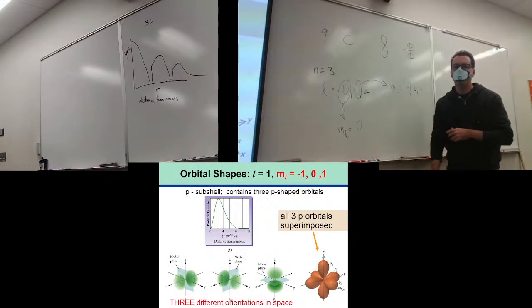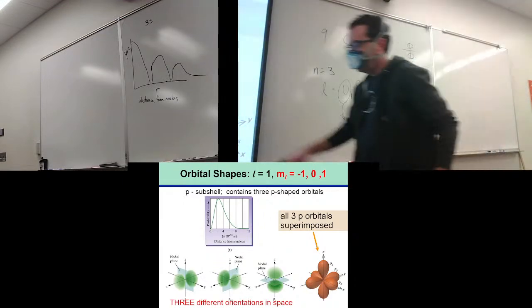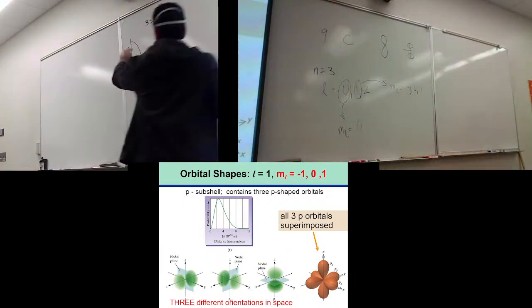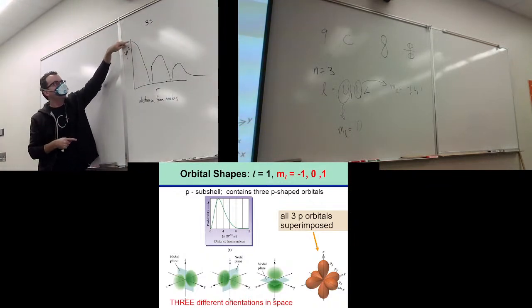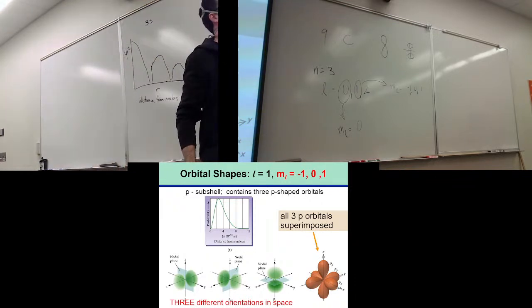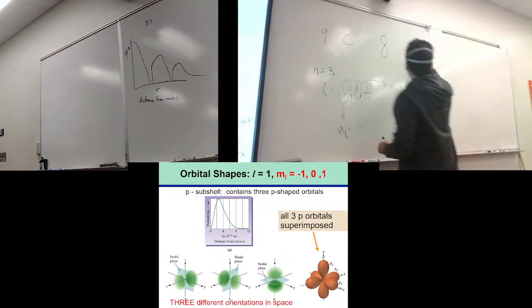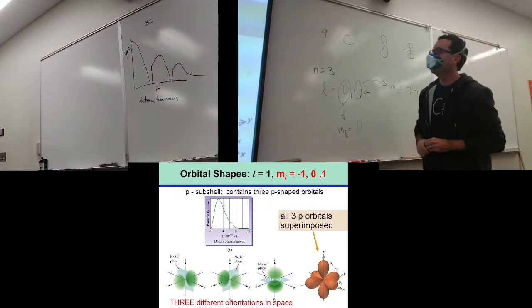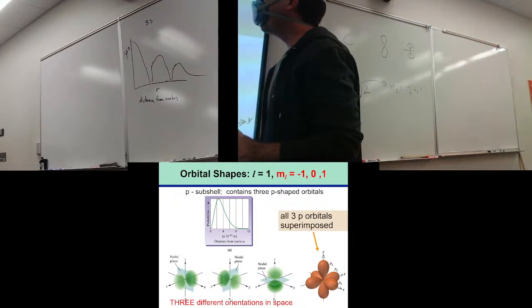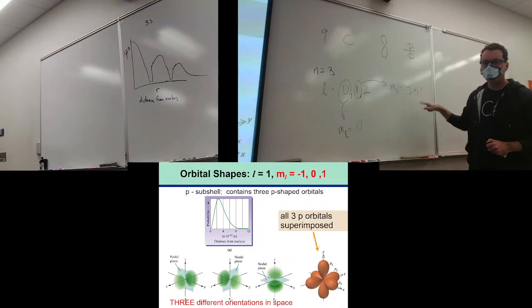So here's a p subshell. And p subshells, unlike s subshells, where you have a non-zero chance of finding the electron at the nucleus, you have 0 chance of finding the electron at the nucleus. It just happens, that's how the math works. And that's why they're shaped like this. There's a nothing in the center. There's no electron density right in the center. And the math works out that there are 3 different p orbitals, 3 different orientations.